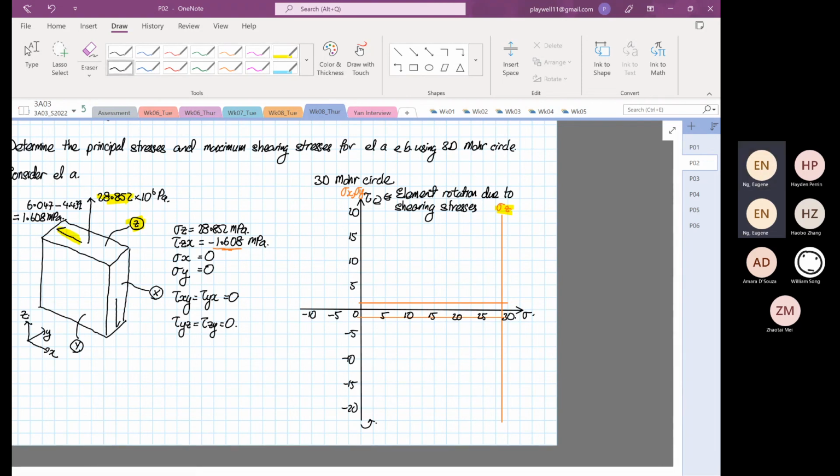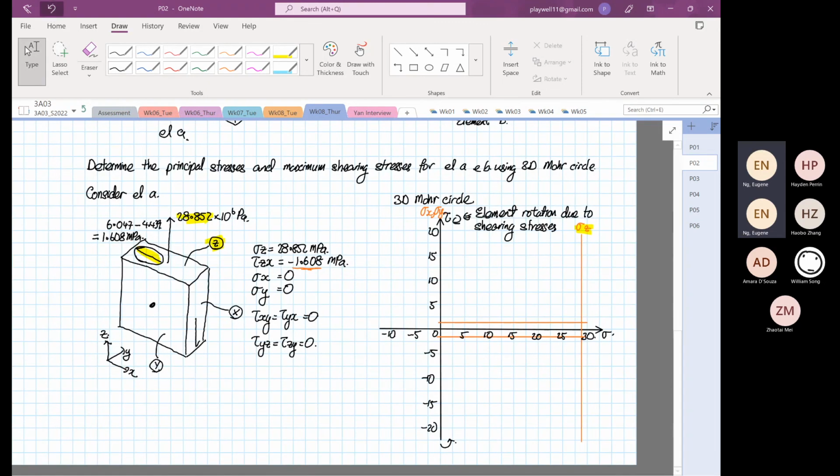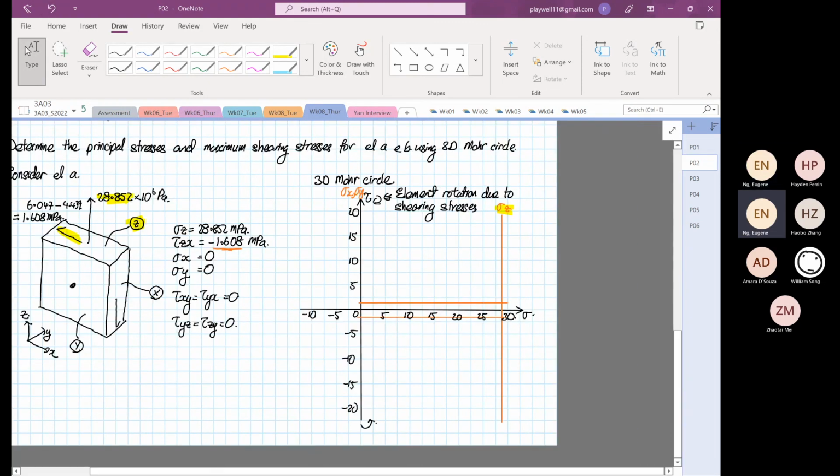If you put your finger on the center, this shearing stress over here will generate a counterclockwise direction. So over here, this is your point Z.